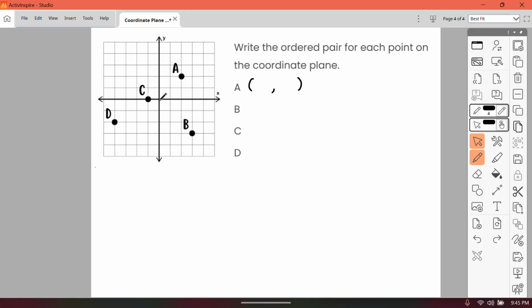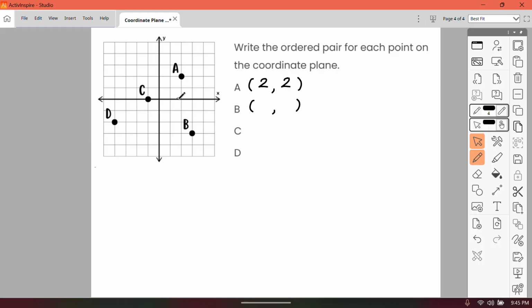So you go left or right first. So we go right 2 spaces over to +2, and then up 2 spaces to +2. So the ordered pair for A is 2, 2. The ordered pair for B, I'm also going right.